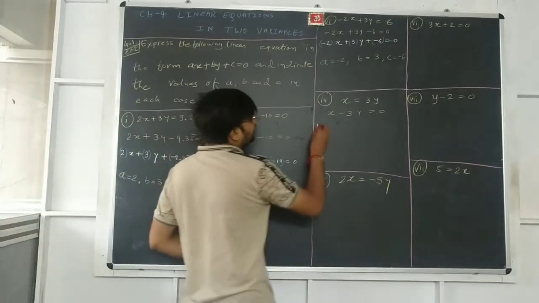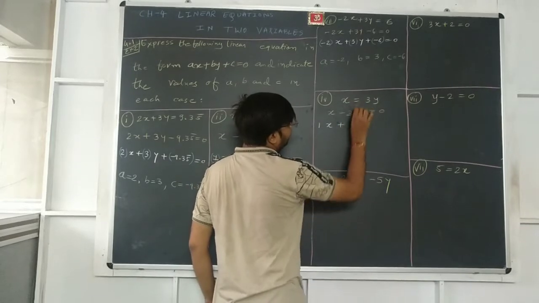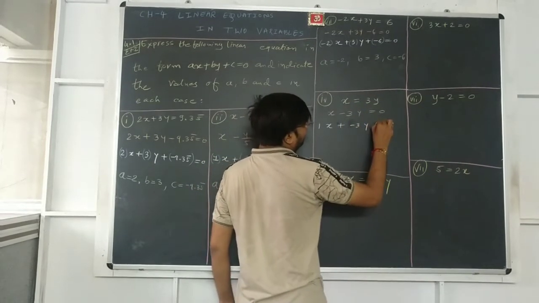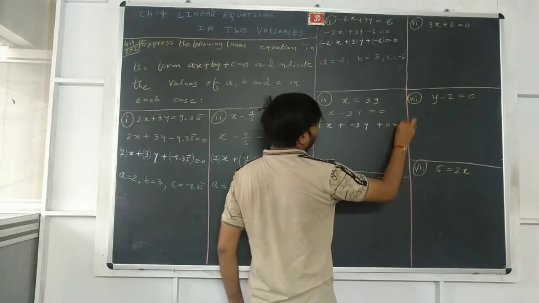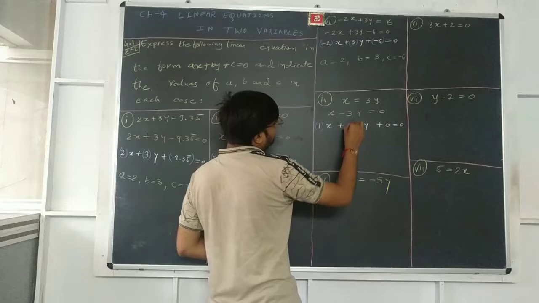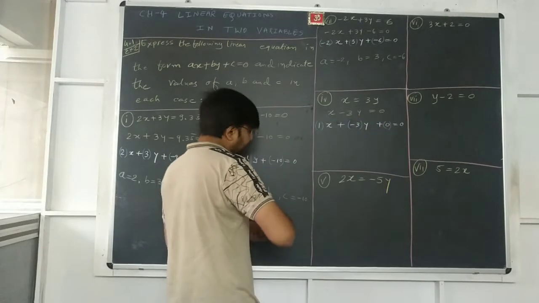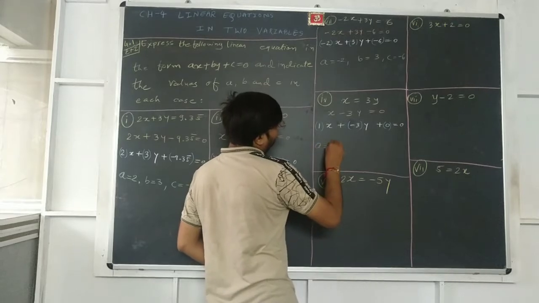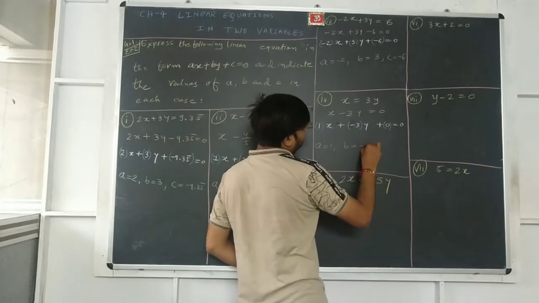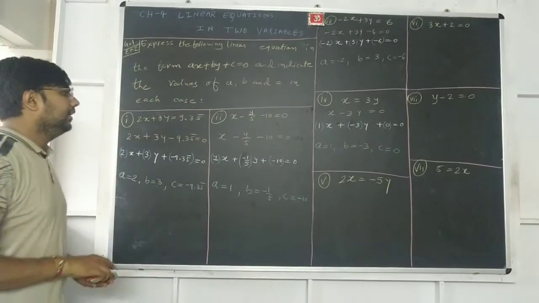Here the coefficient of x is 1, the coefficient of y is negative 3, and the constant term is 0, is equal to 0. Then we get the answer a is equal to 1, b is equal to minus 3, and c is equal to 0.